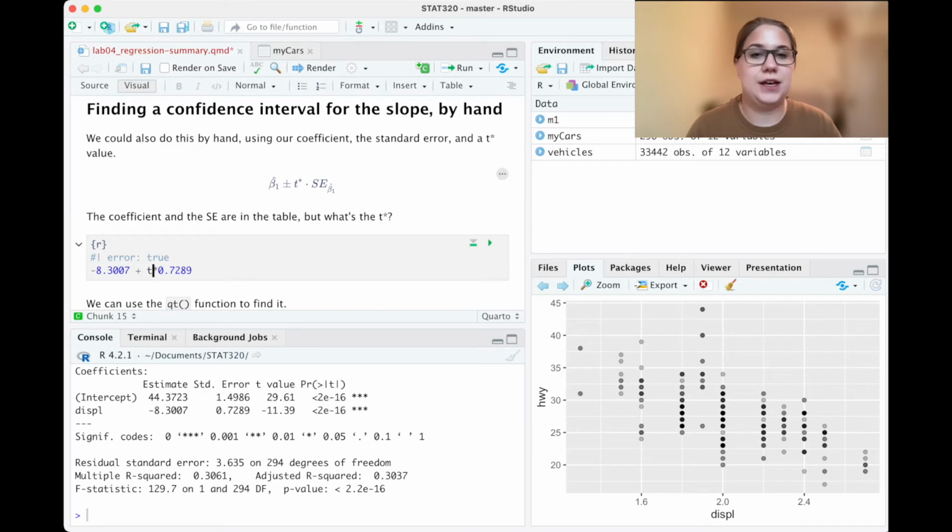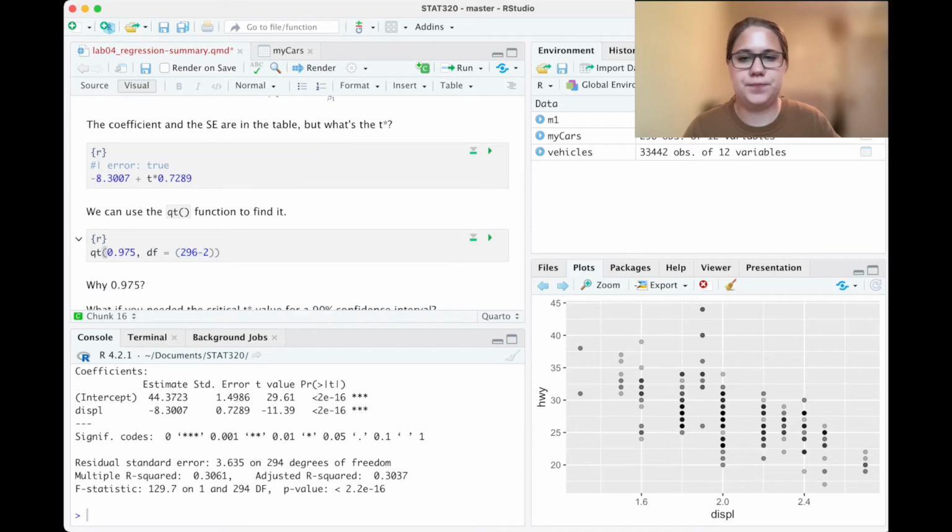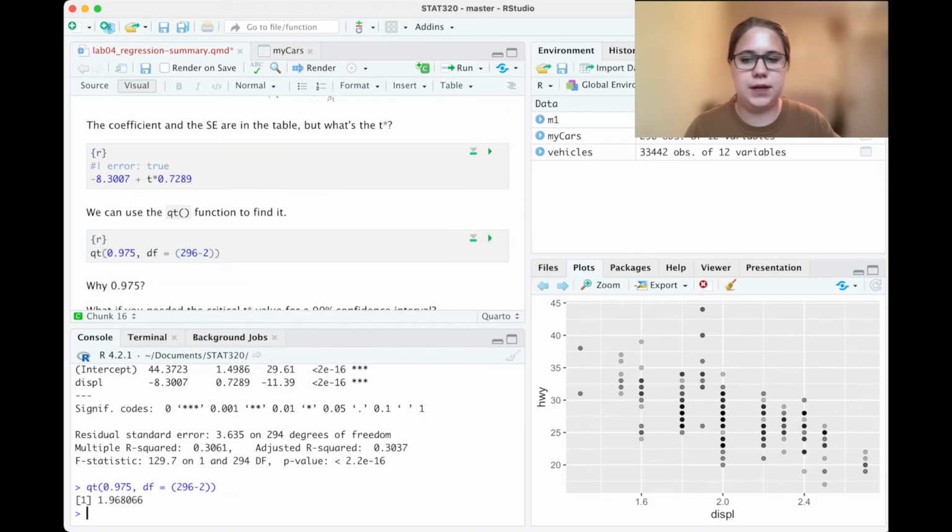Well, again, I could use a table, but in R, we're going to use the qt function. So that's also about the t distribution, but it's going to find the quantiles. And for this one, we're going to put in 0.975. And again, we need to tell it the degrees of freedom, 296 minus 2. If I do this, it'll give me a critical value. Why the 0.975? Again, it's because 0.95 plus 0.025.